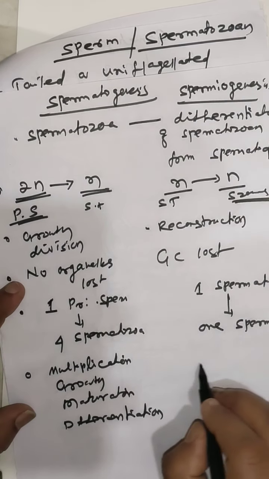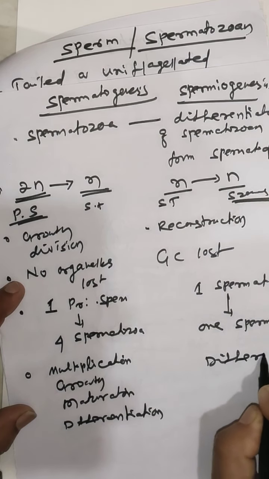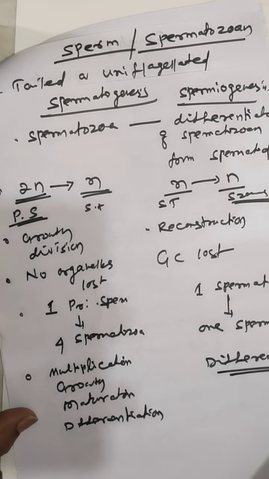But in spermiogenesis only the differentiation phase is seen. Clear?